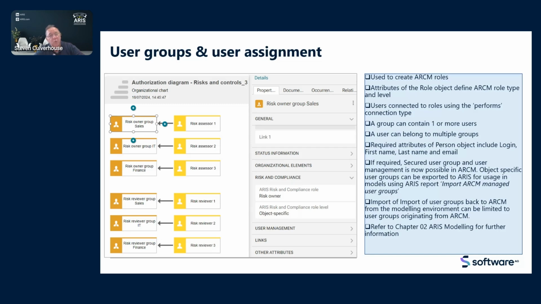Okay, so one or more persons per role, no problem. You could also have users assigned to more than one role. So it might be a risk assessor for sales, and they might be a tester, another type of role in the system for another part of the business. Okay, so an individual can belong to multiple groups, and you can have multiple individuals in a group. Okay, just a bit of background.